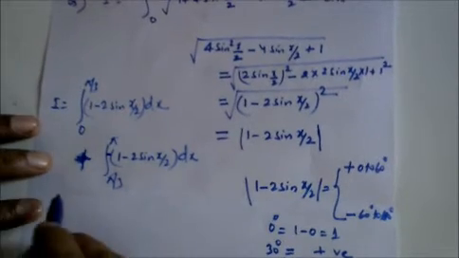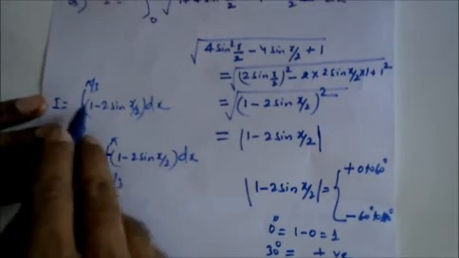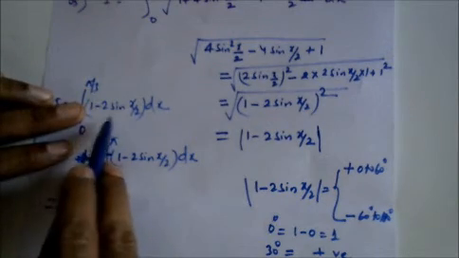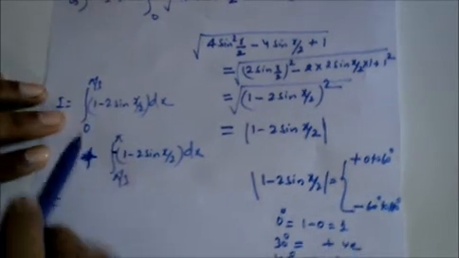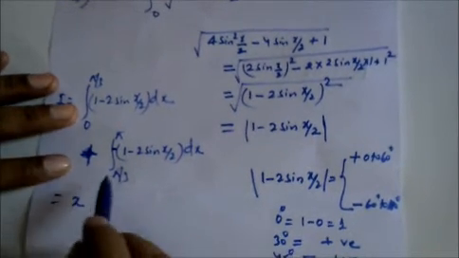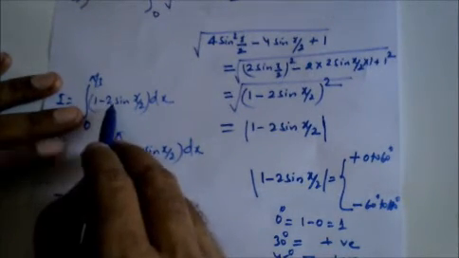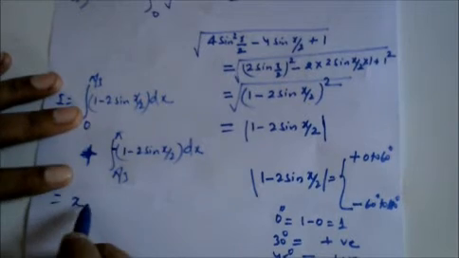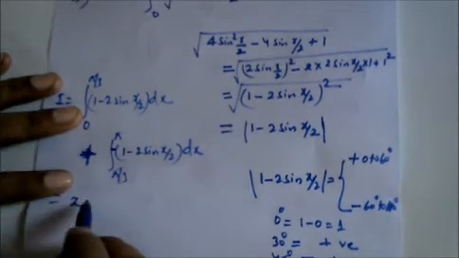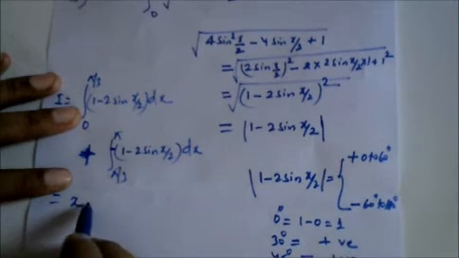Right? Okay. So let us go for integration. So 1 minus 2 sine x by 2. So 1 will be x, and 2 sine x by 2. So it is minus, because it is cos, so minus cos it will be there.